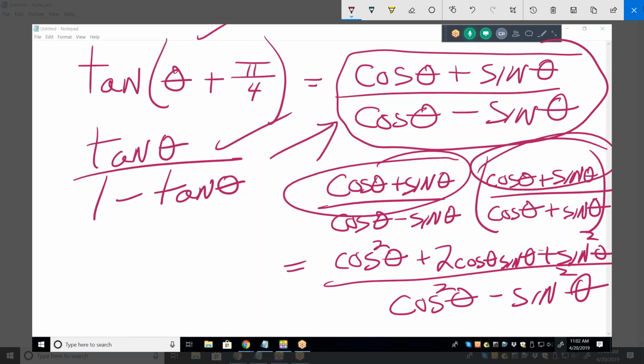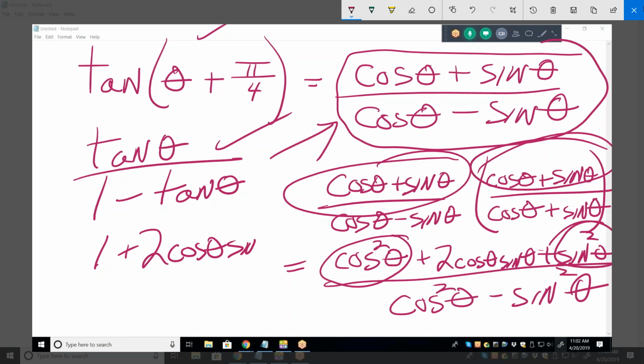I'm just going to leave it like that for a moment. Notice my cosine squared plus sine squared, that's 1. So my numerator now is 1 plus 2 cosine theta sine theta, and my denominator is cosine squared theta minus sine squared theta.